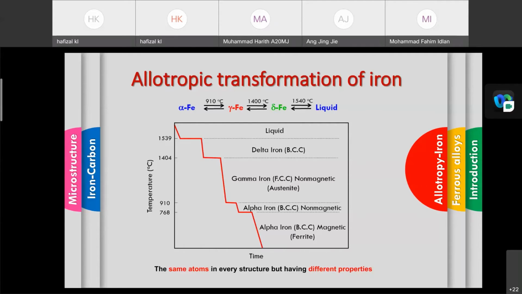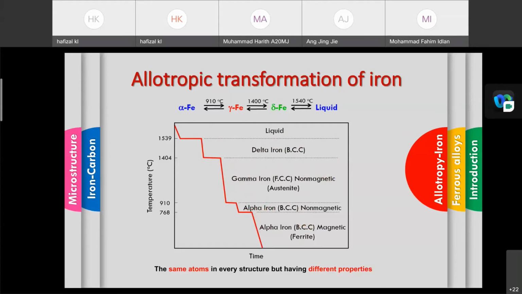As you can see, delta is in the region of 1540 to 1400. This is the region of the delta iron, and then below that to 910, we have the gamma iron. And then we have the alpha iron below 910.